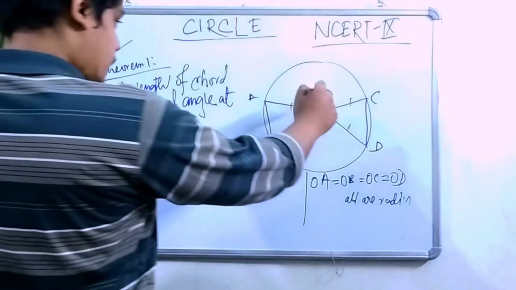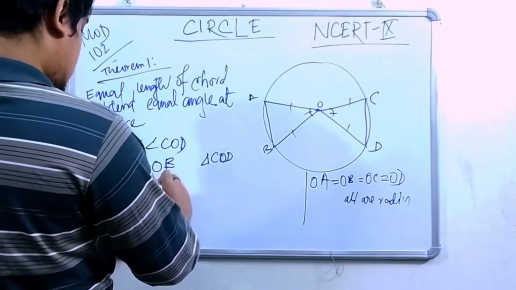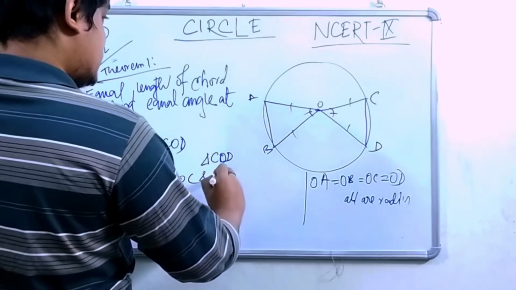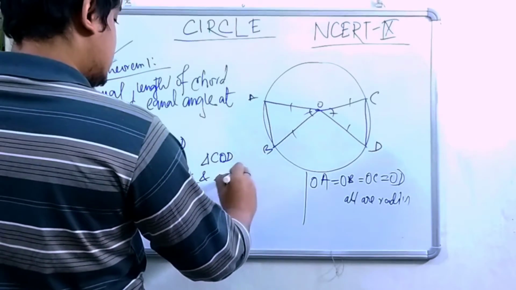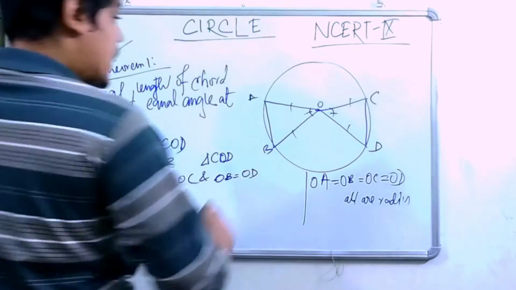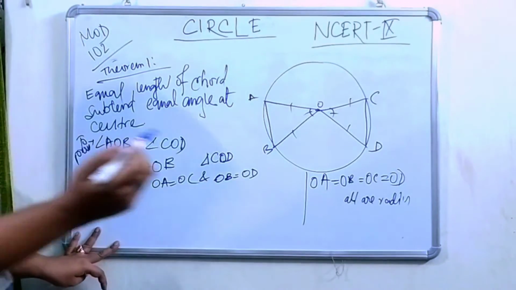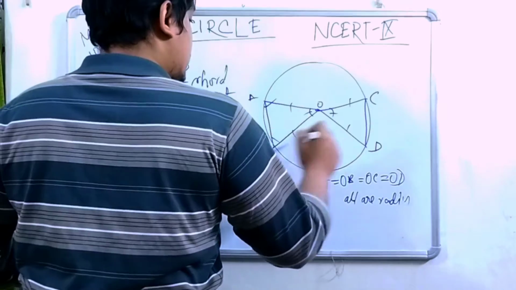So from here we can write OA equals OC and OB equals OD. And not only that, these two triangles become isosceles triangles, so these base angles will be equal.